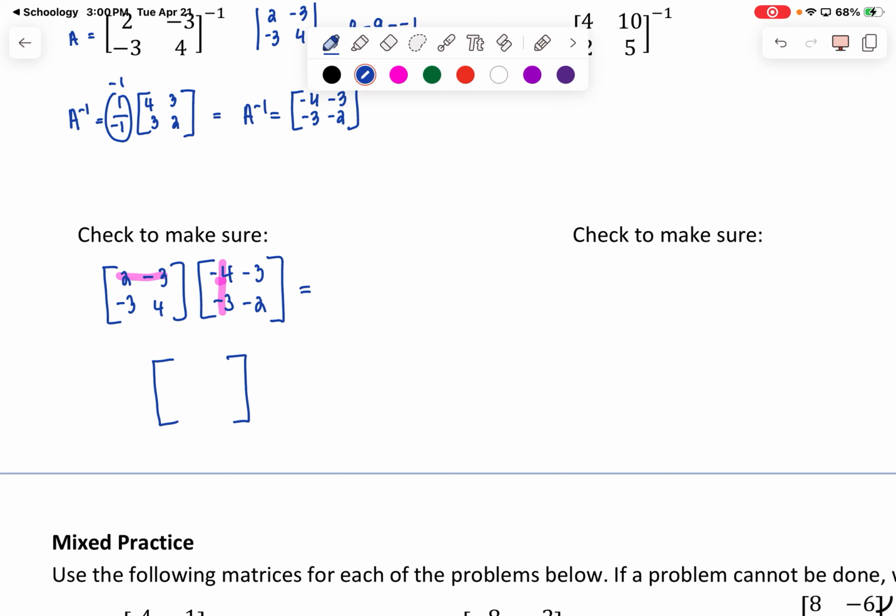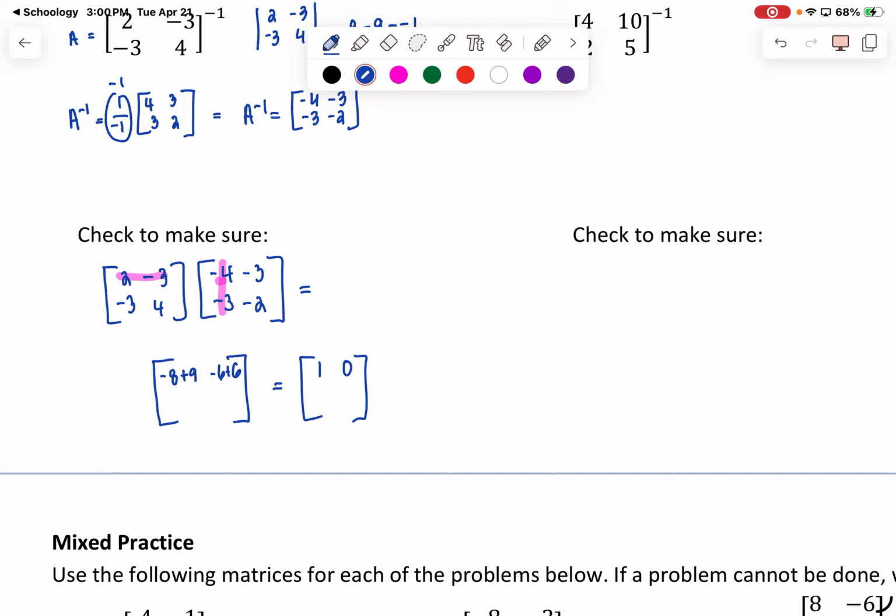Okay, let's write down our work so that I don't get lost. -8 plus, and then -3 times -3 is 9. That's the 1. Okay. And then row 1 times column 2, that is -6 plus 6. That's my 0.